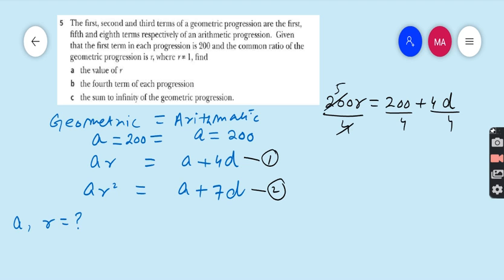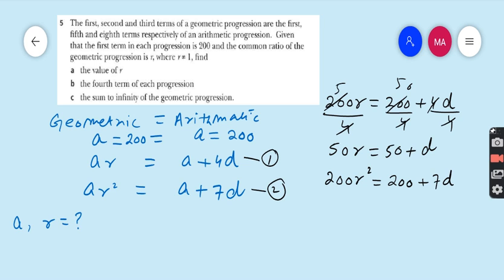4 5s are, 4 5s are, and 4 1s are. Again take the second equation, ar square, that is 200 r square, is equal to 200 plus 7d.